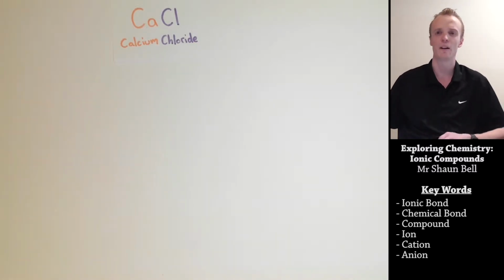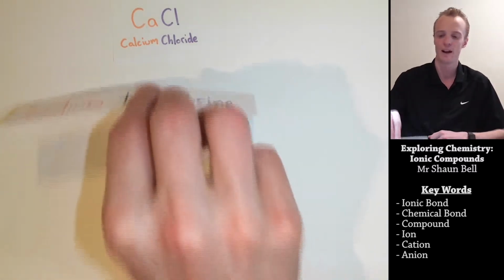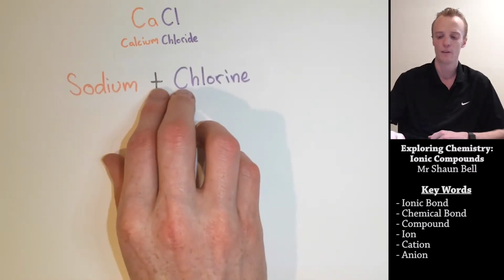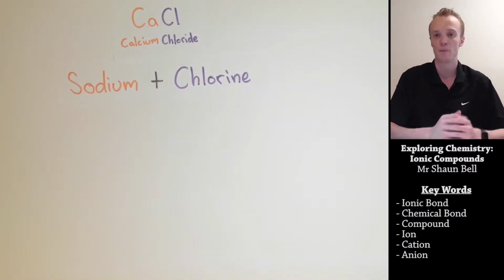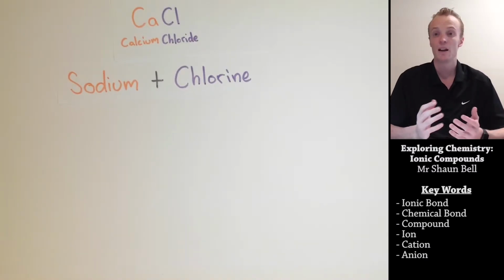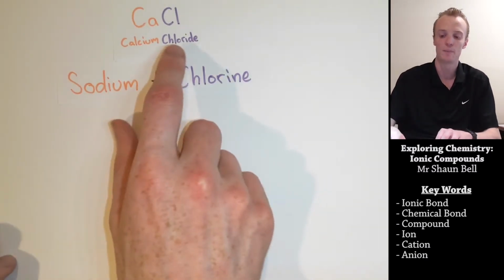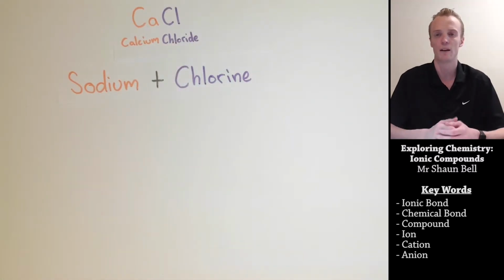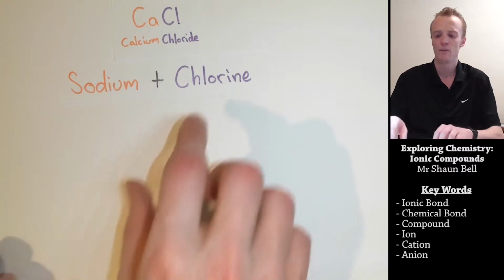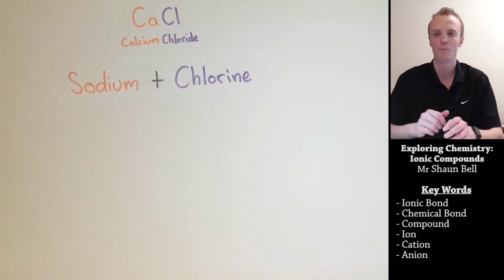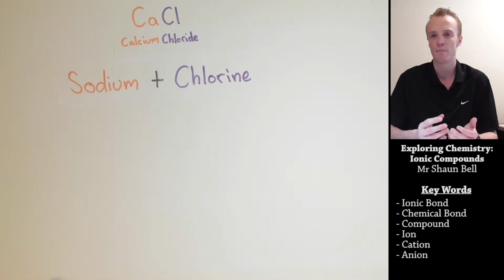Now, calcium chloride are made up of two different atoms. They're made up of sodium, which is a metal atom, and chlorine, which is a non-metal atom. A lot of people can get themselves confused about the difference between chloride and chlorine. They are actually the same atom. However, in the process of forming this ionic compound, chlorine has become a negatively charged atom, which we refer to as an ion.